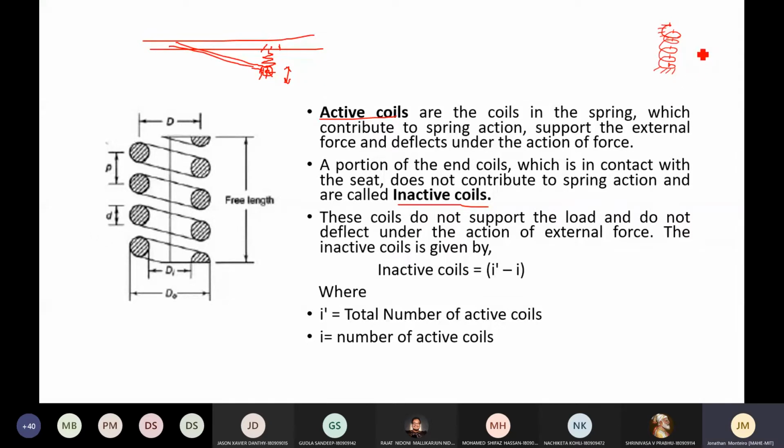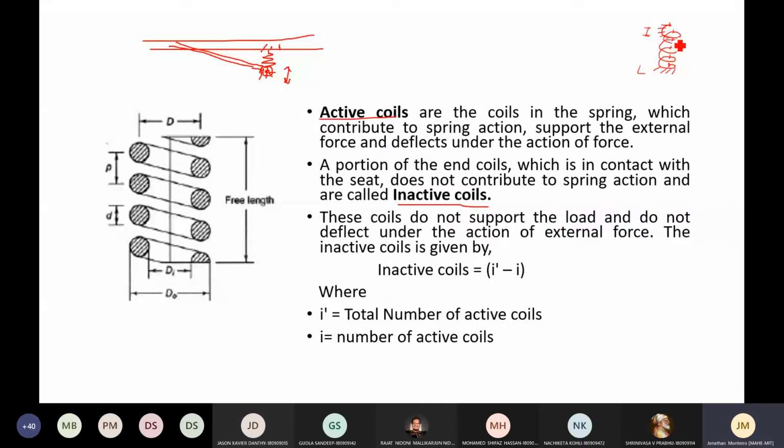Now what happens? Though you have 5 coils or 6 coils, the first and the last coil are not going to take part under compression because they are already fixed. There is no action for them to perform.